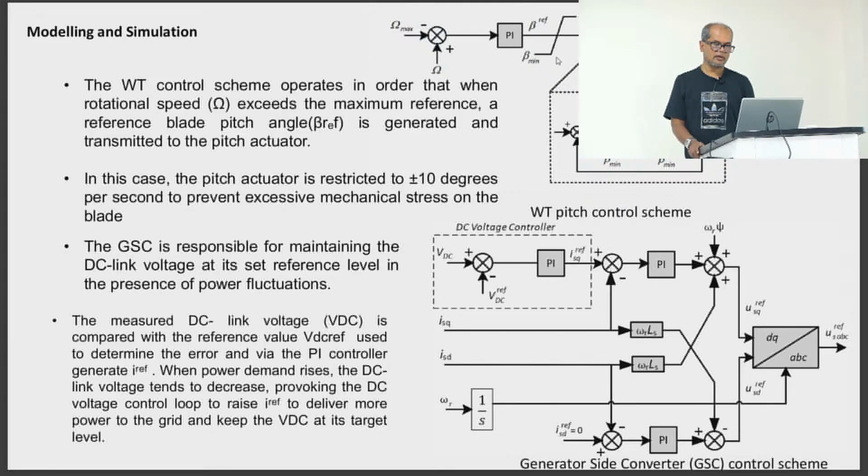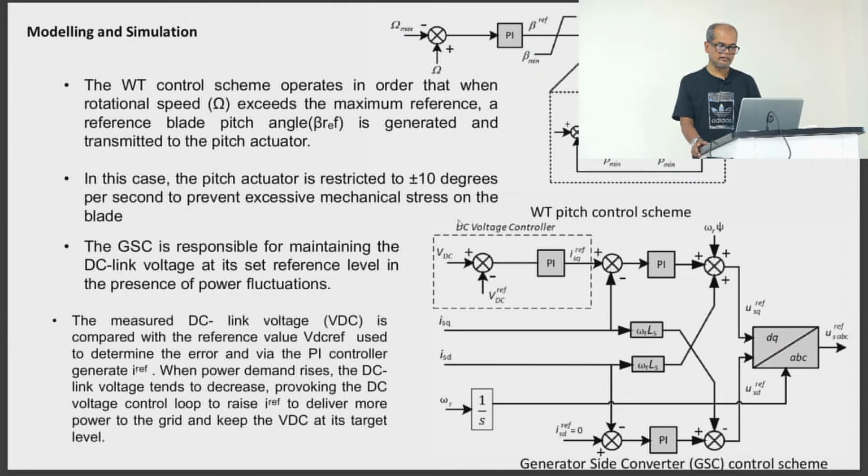But you know that normally there is a maximum and minimum limit that we set. Just to avoid mechanical stress, we limit it to plus minus 10. So we control it, but it has to be within the limit. So you put that limit, maximum and minimum.